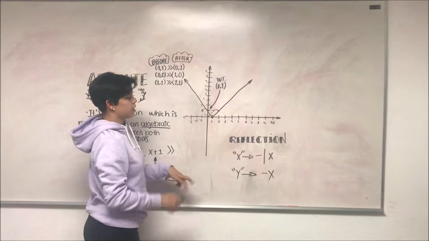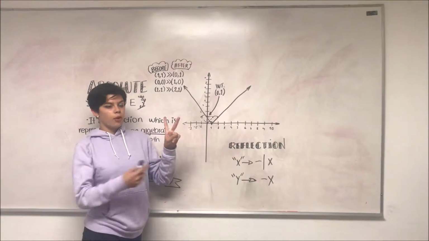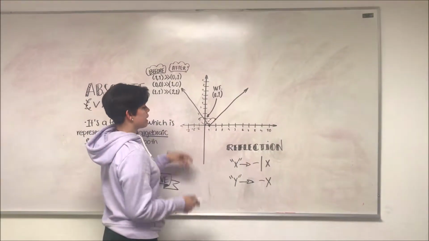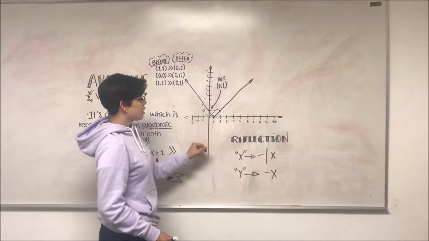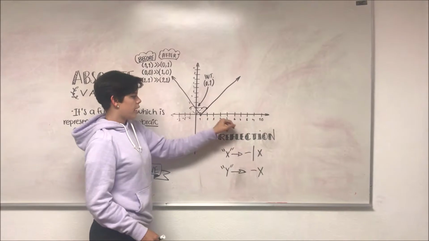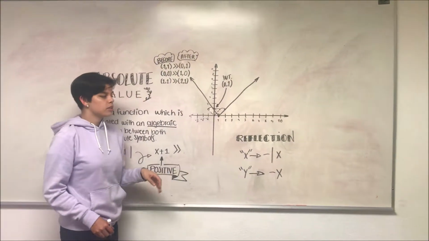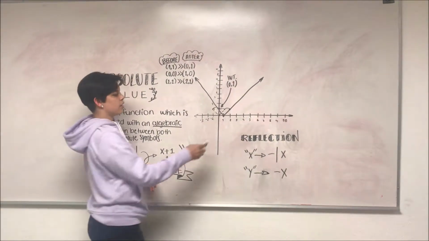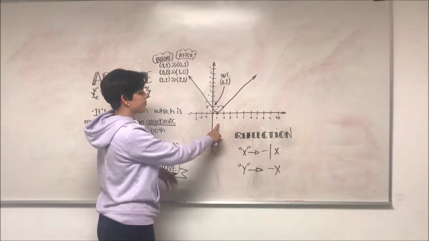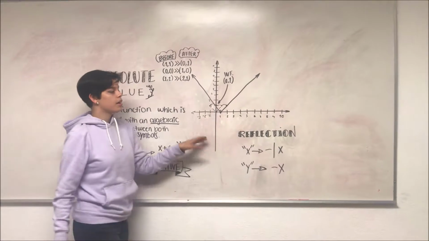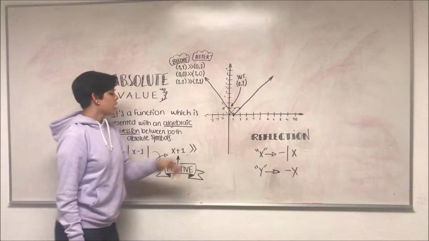And it is represented in a V form. Its intersections are (0, 1) on the y-axis, and on the x-axis there is none, because it is one space down, or it is not touching the x line.